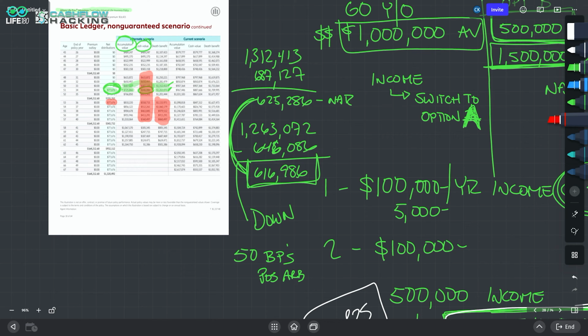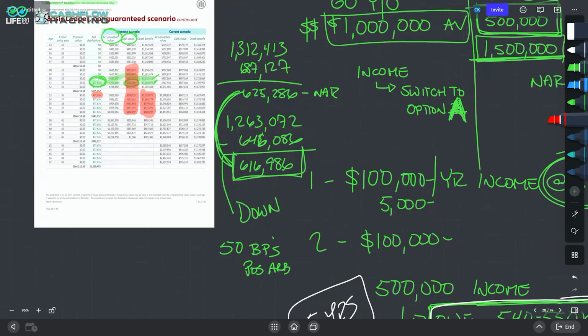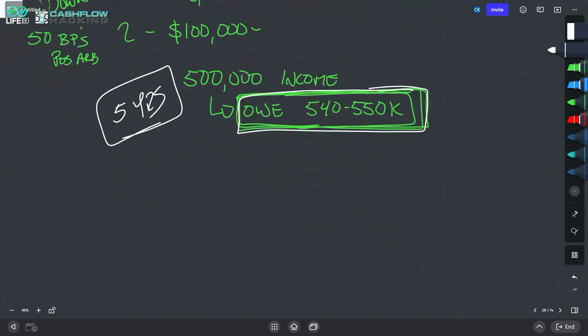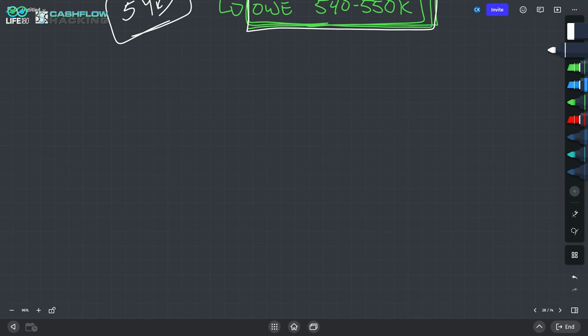And it's really important to understand this, because in this scenario, let's just drop a hypothetical, because I want to keep numbers really round so you understand it.